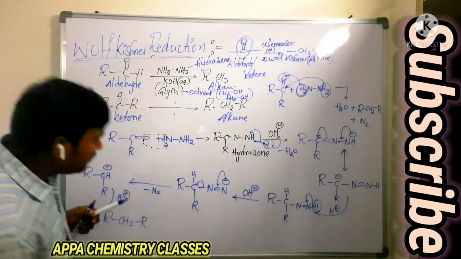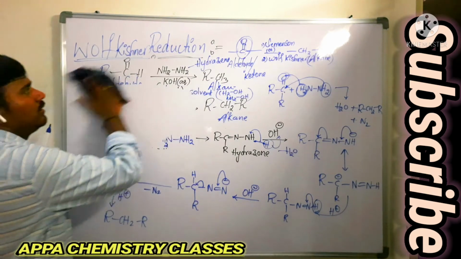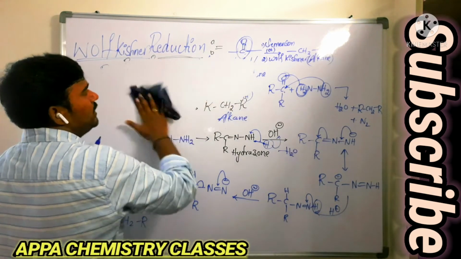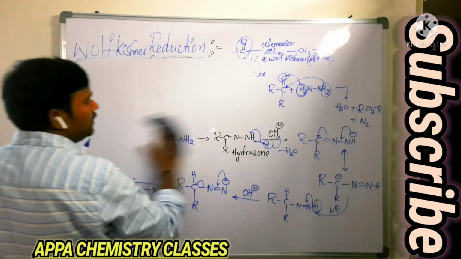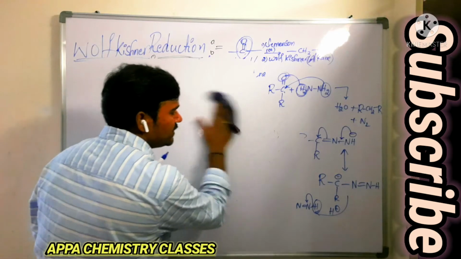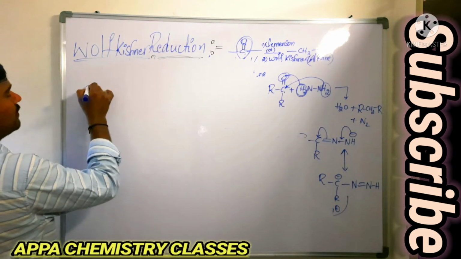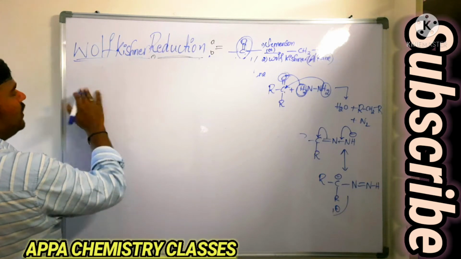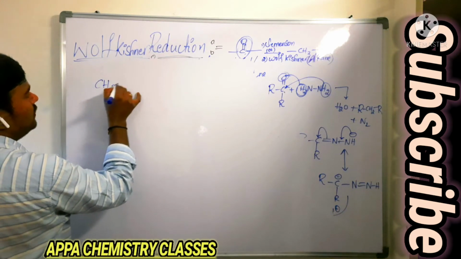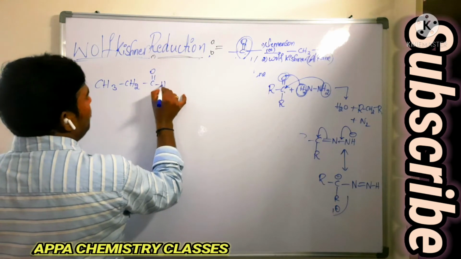We will take some examples for this Wolff-Kishner reduction. Whatever examples we discussed in the Clemmensen reduction, those same examples we will see. Take propanaldehyde.